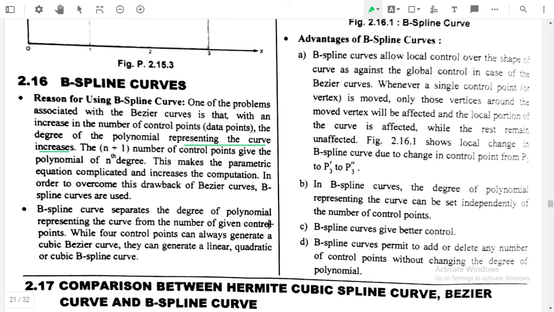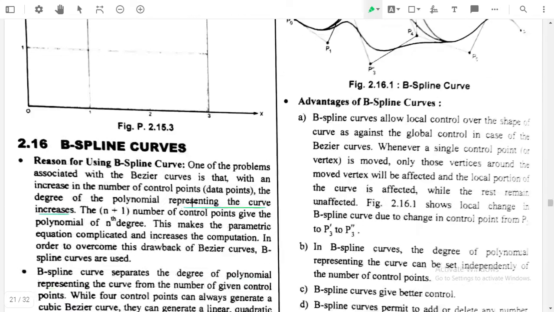In the case of a Bezier curve, if we change the position of any one control point, then the overall shape of the Bezier curve will change.